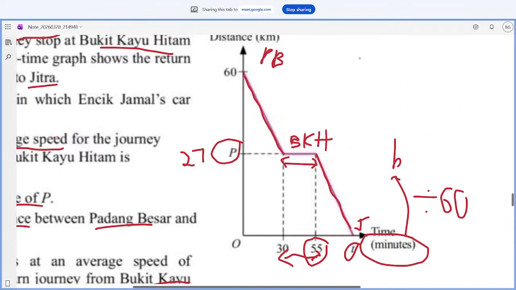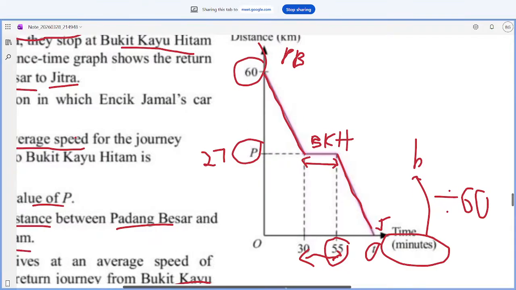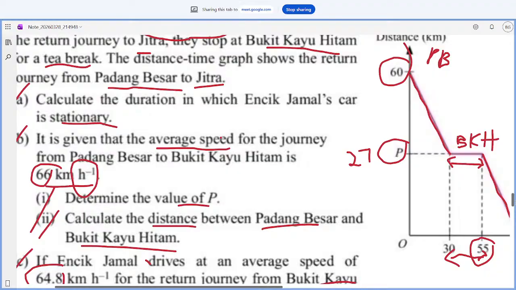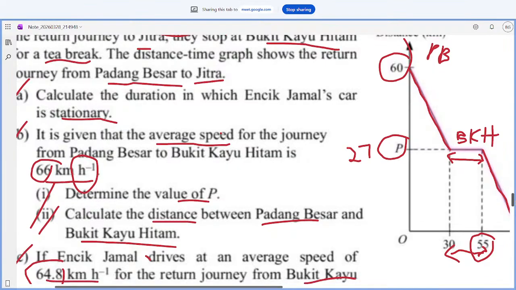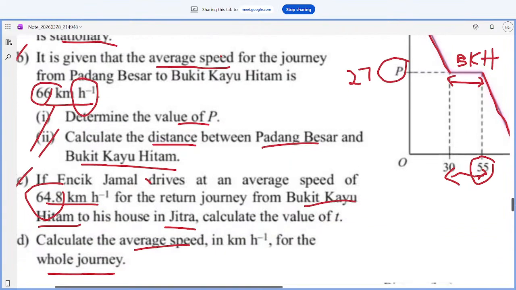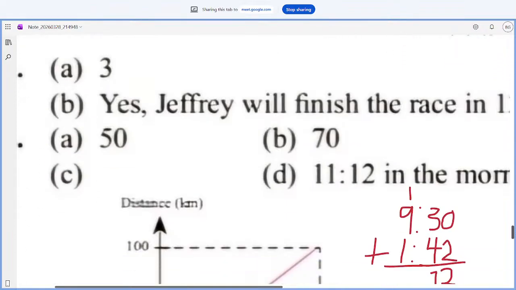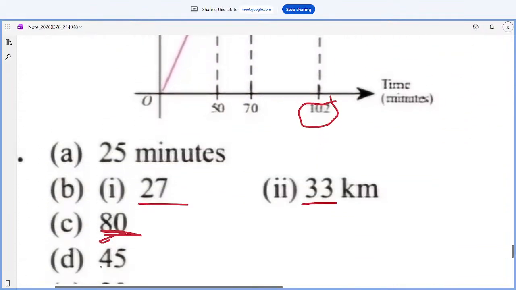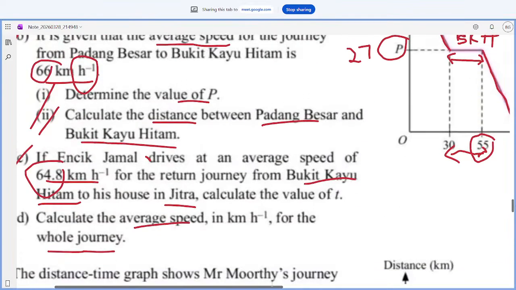What is the total distance for the whole graph? Yeah, jumlah jarak 60. Total time guys, jumlah masa is your T lah. What is the T? T you guys found just now. Did you guys find T? Yeah, part C, 80, yes. Okay, so basically just divide only. And be careful guys, you should get 45. The unit, they want kilometer per hour.